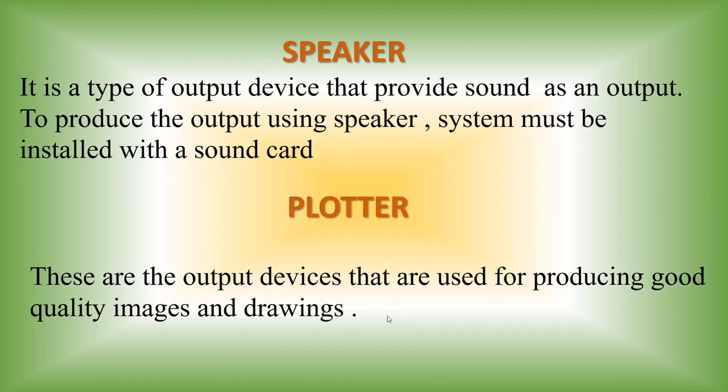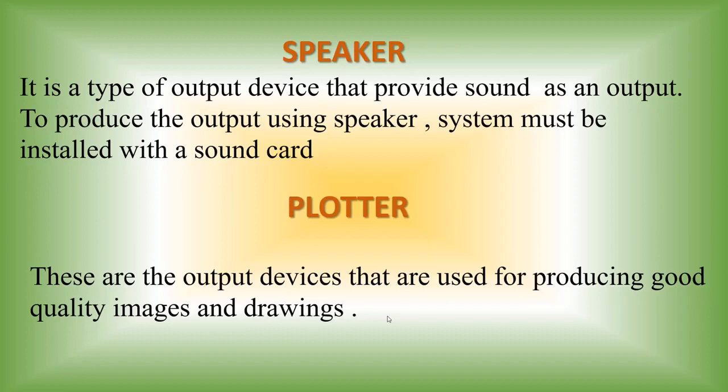See once again what we studied in today's class, different types of output device. The first type of output device is monitor. In a desktop computer, monitor uses cathode ray tube technology, CRT technology, whereas in laptop it uses LCD technology.